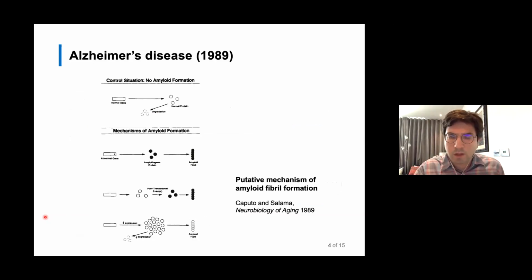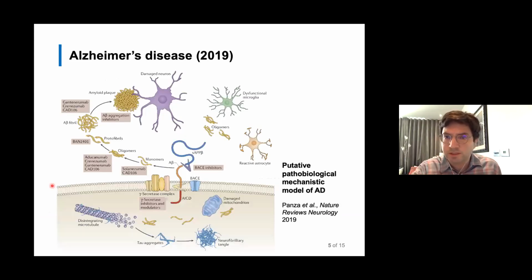In 1989, this was the state-of-the-art understanding of the amyloid cascade explanation in AD. At that time, a simplistic model. Fast forward 30 years from that time, 2019, and this is the current state of the explanation.